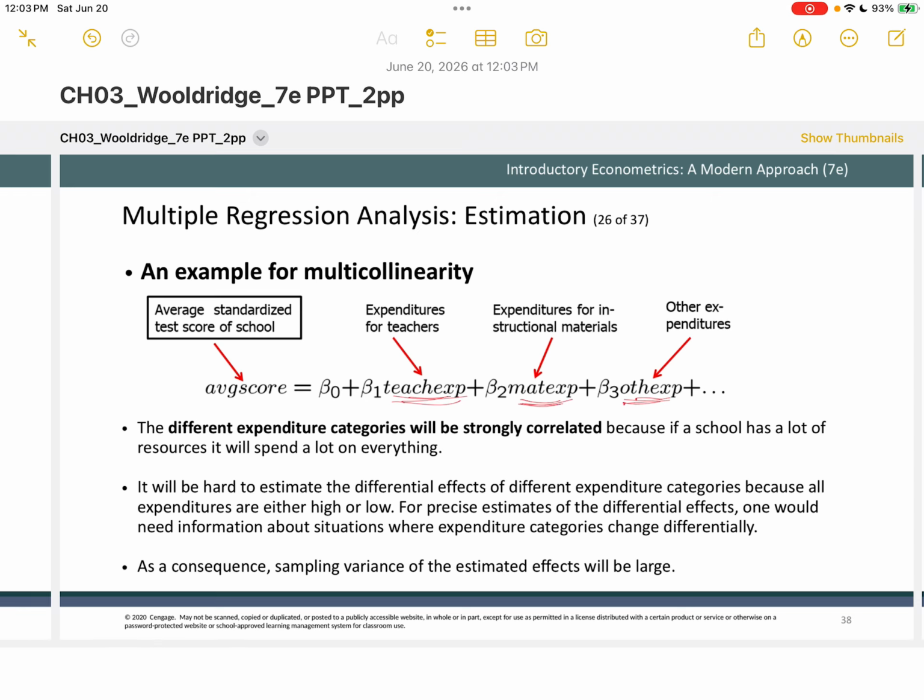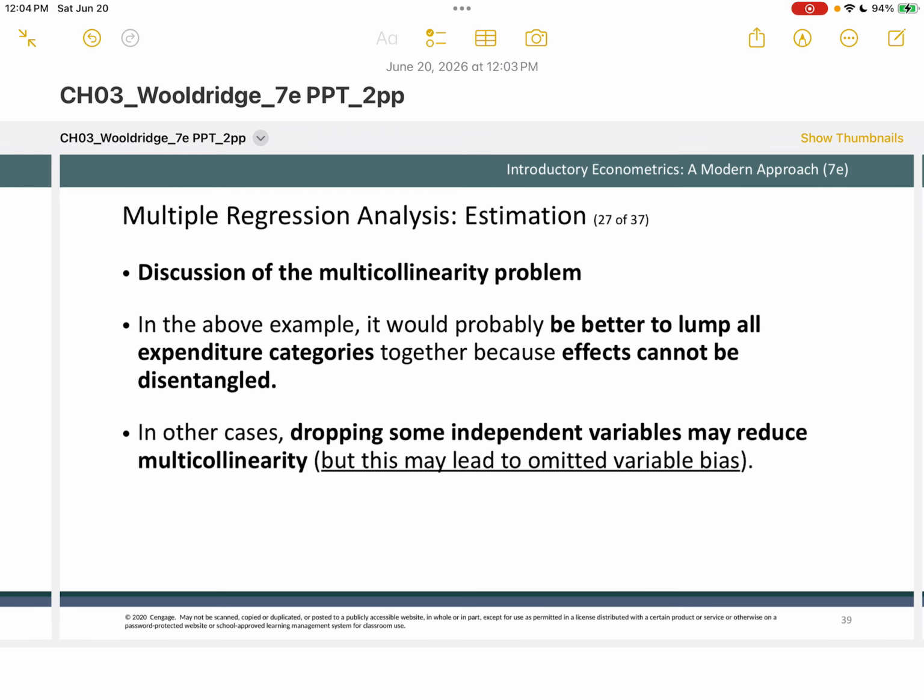You see, so it will be difficult to detangle the impact of one from the other if they are super highly correlated. So the best thing to do with something like this is combine all the expenditures, since the effects cannot be detangled or disentangled.